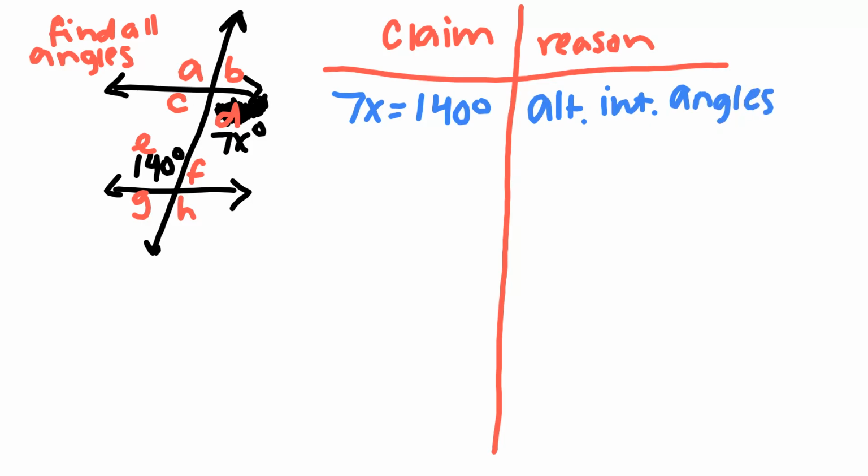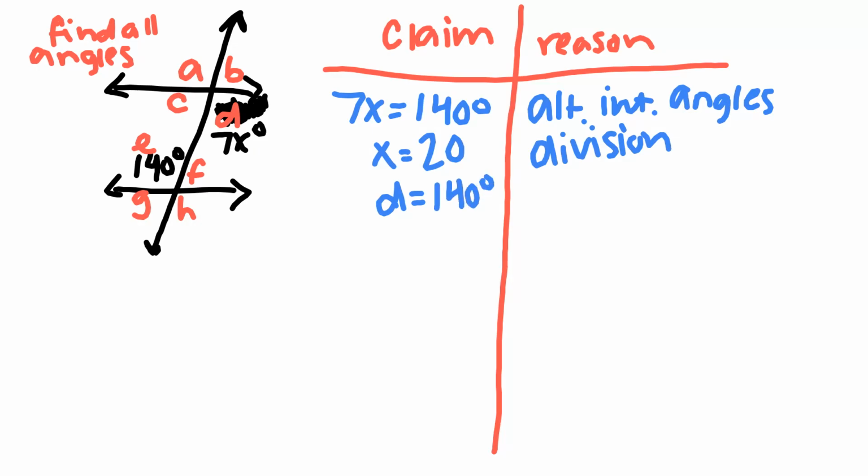Then I can find what x is. x is equal to 20, by division: I divided both sides by 7. Because I set this equal, D is equal to 140 degrees. So that solves that first part.